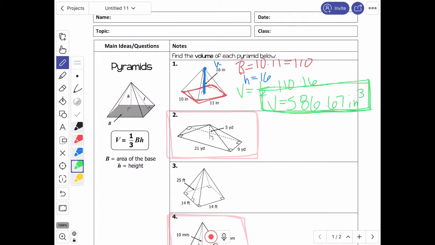I put 1/2. It should be 1/3. Sorry, guys. So I multiplied 1/3 by the base area and the height of the pyramid to get 586.67 inches cubed. Okay, you're going to do number 2 for homework or attendance quiz, however you want to think about it.